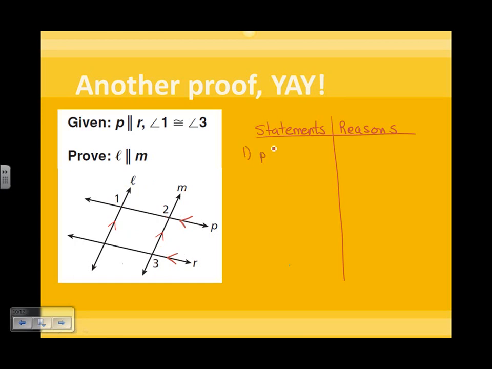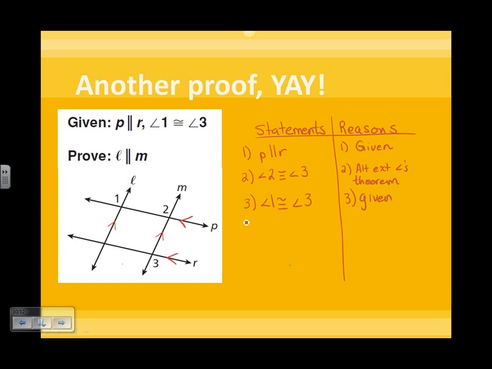Okay, so the very first thing I'm going to say is that P is parallel to R, and that's given. Because P is parallel to R, I can say that that means angle 2 is congruent to angle 3, and that's by the alternate exterior angles theorem. Okay, so then next they give me the fact that angle 1 is congruent to angle 3. That's given.